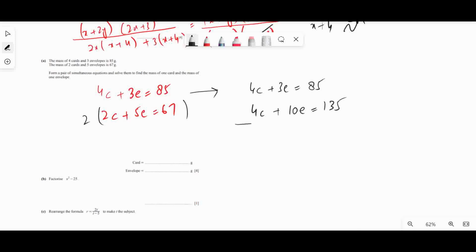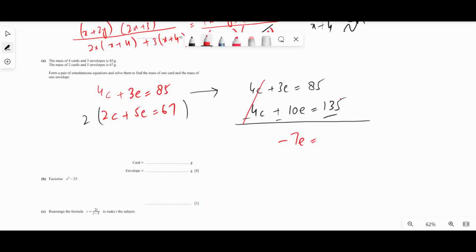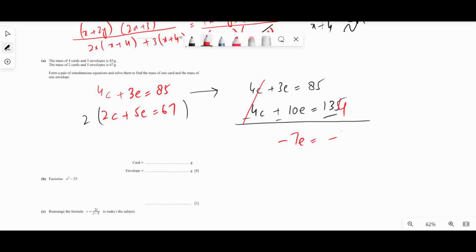Now we need to subtract it. So 4c will be cancelled out, and this will be minus 7e is equal to 85 minus 134. So this will be equal to minus 49.